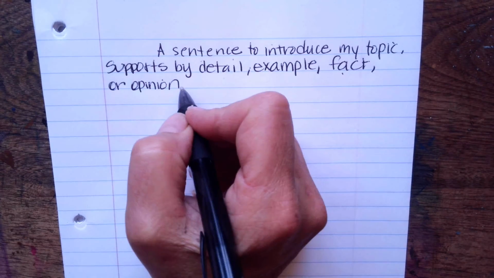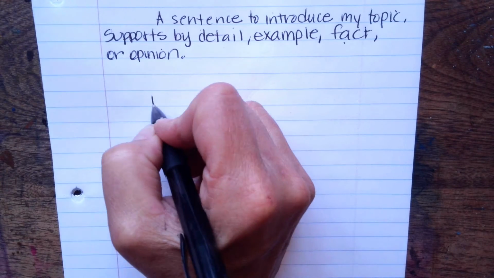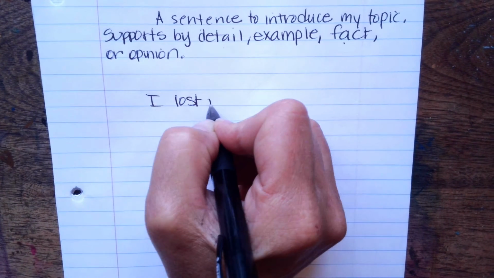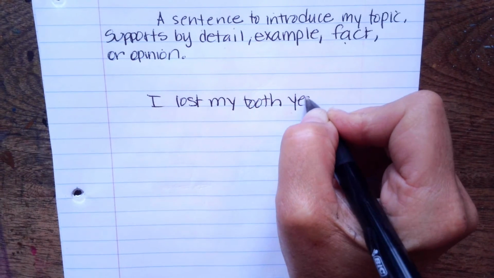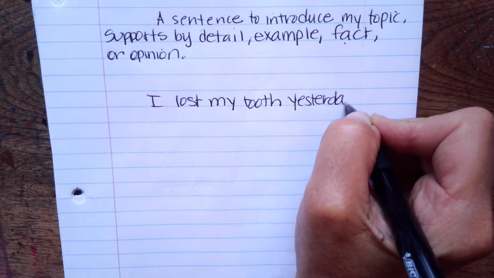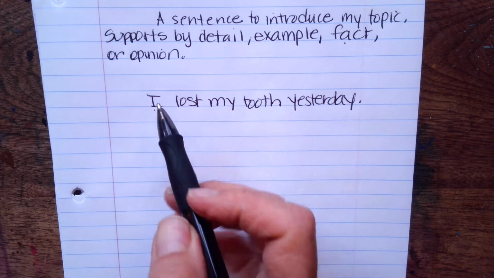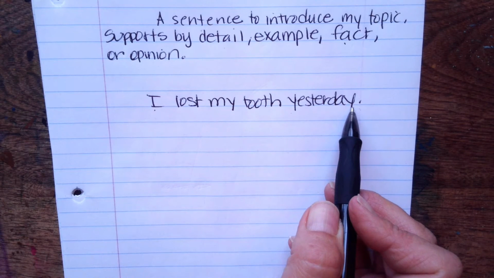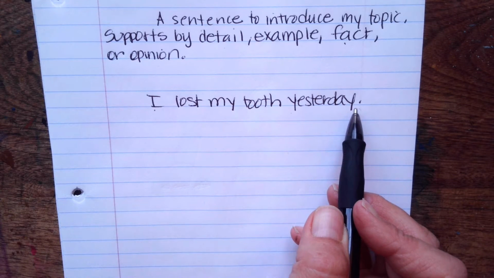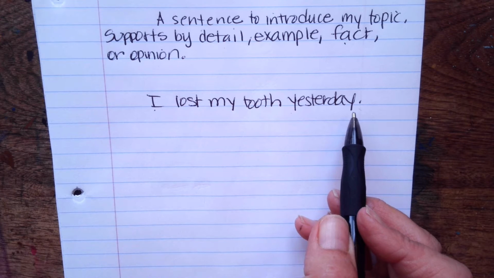So for example, if you're writing about your tooth, you're going to indent in and you're going to say, I lost my tooth yesterday. One idea, one sentence, which means we start every sentence with a capital. We say our one idea. We don't go on and on. So we don't say, I lost my tooth yesterday and I can't even believe it because I've been hating this tooth for the longest time and it's my canine tooth and I just said, forget it.